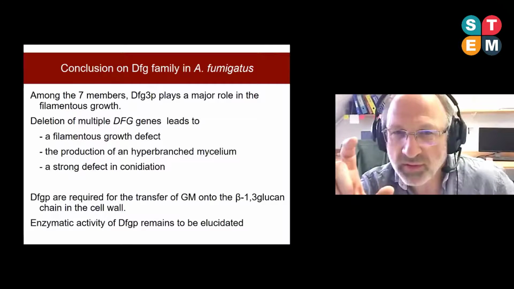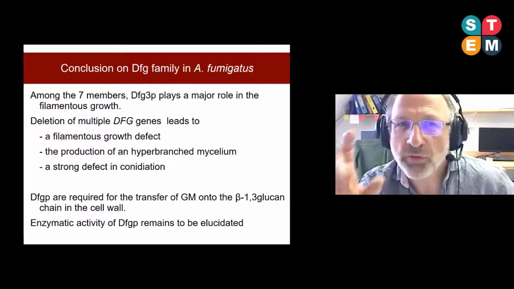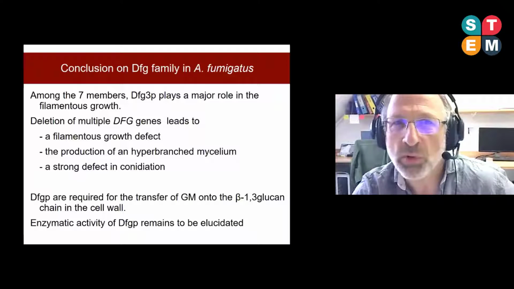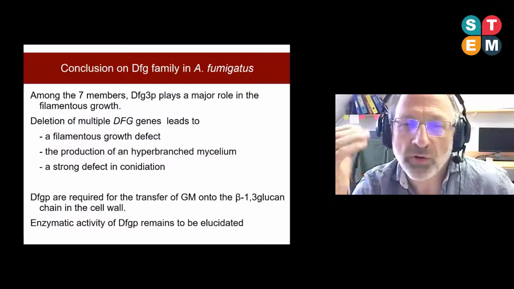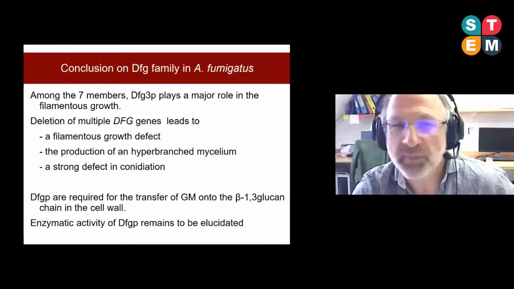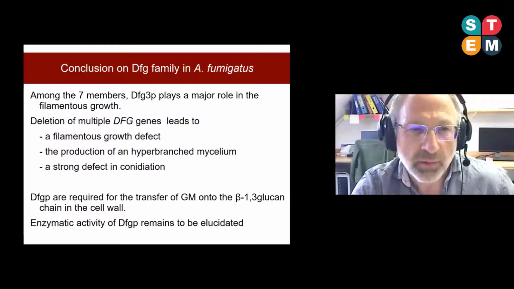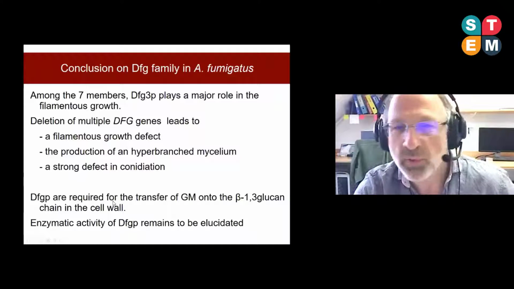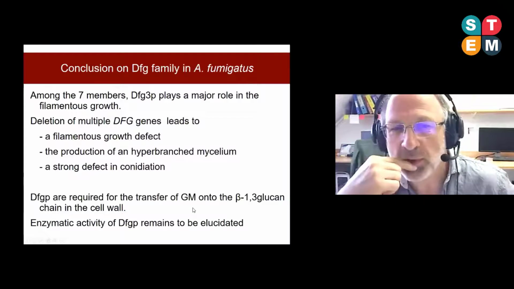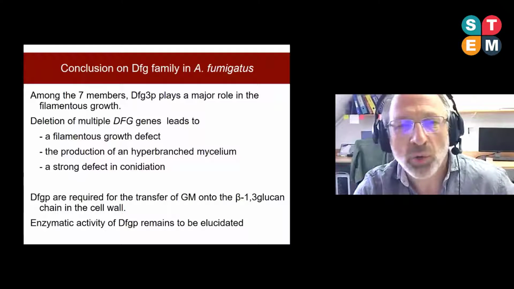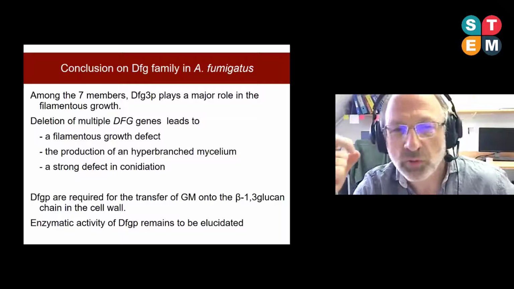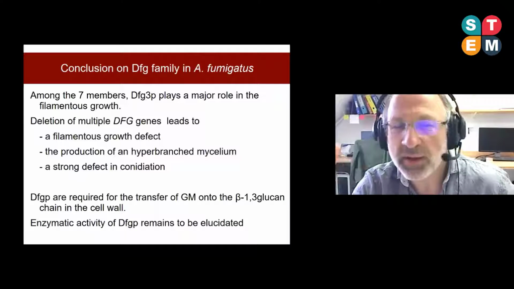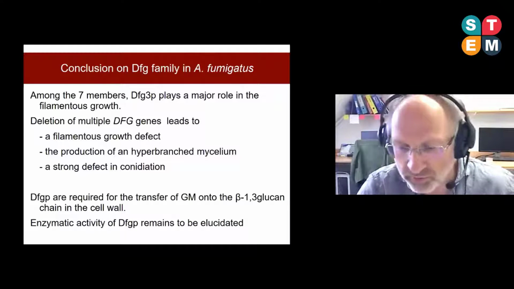So that clearly shows that the cross-linking of the Galactomannan to the beta-1,3-glucan inside the cell wall is required for the function of the Galactomannan in Aspergillus fumigatus. DFG proteins are required for the transfer of Galactomannan onto the beta-1,3-glucan, but unfortunately, we did not succeed in showing the enzymatic activity in vitro for DFG proteins.